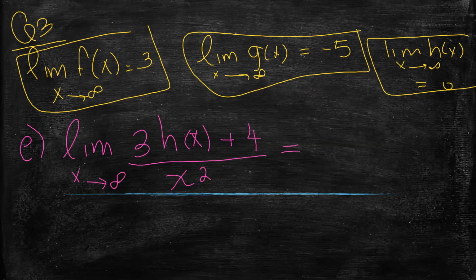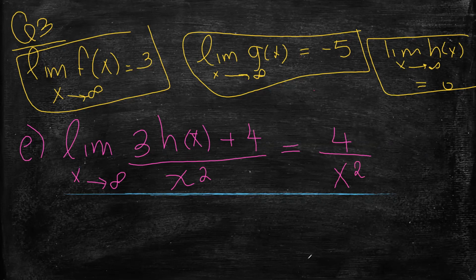Let's first evaluate 3h of x. What is the value of h of x? It will be 3 times 0 plus 4, over x squared.